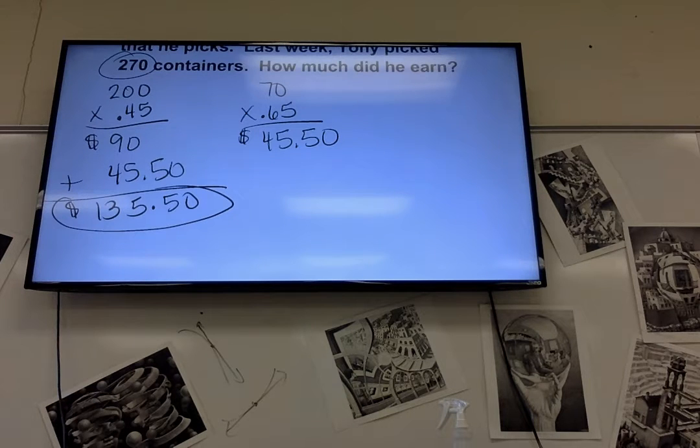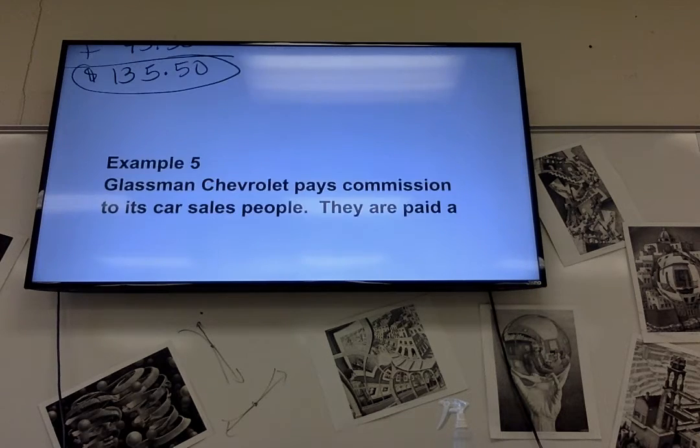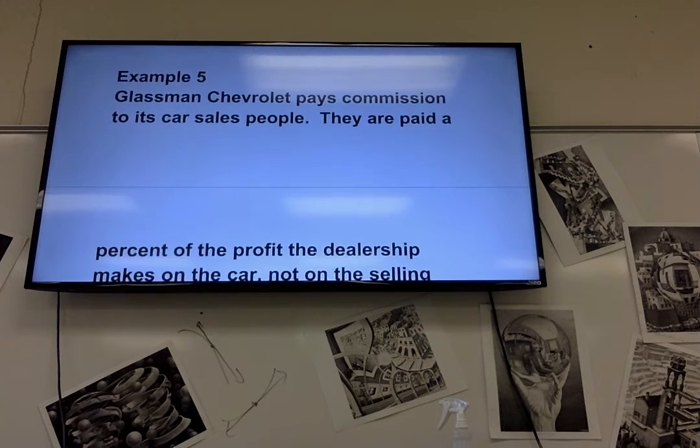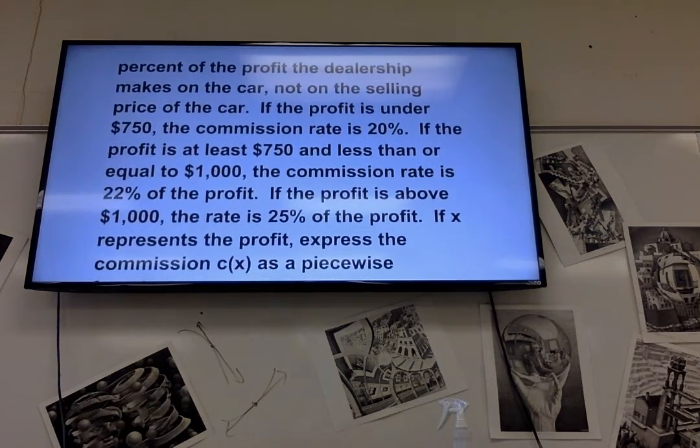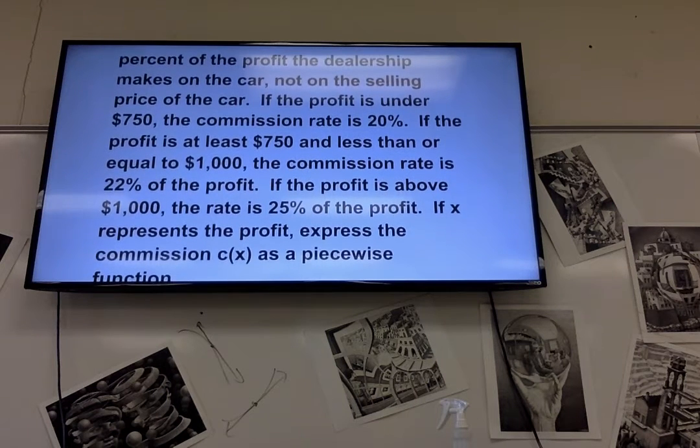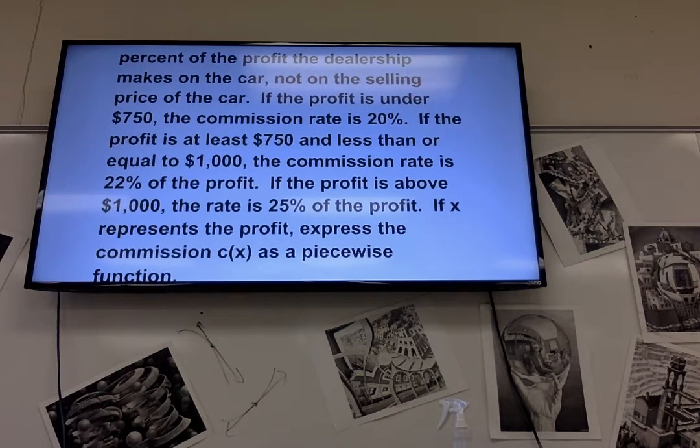So these are piecewise workers. They get paid per job, per thing that they get. Okay. Glassman Chevrolet pays commission to its car salespeople. They are paid a percent of the profit the dealership makes on the car, not on the selling price of the car.